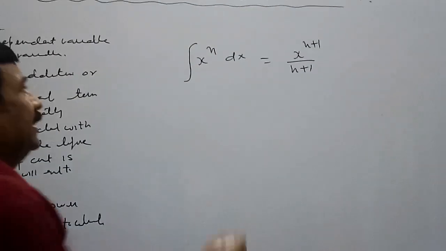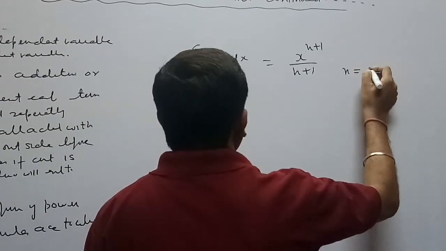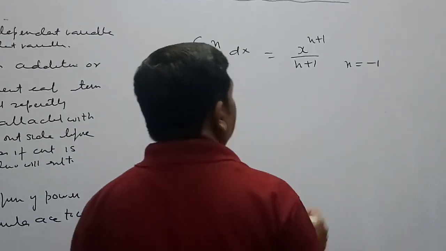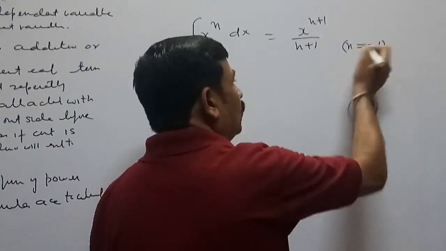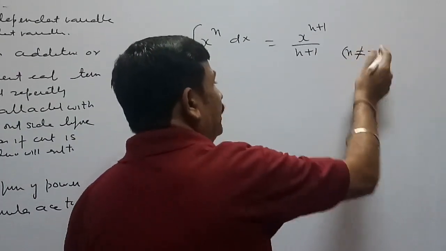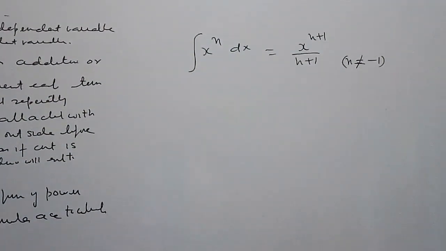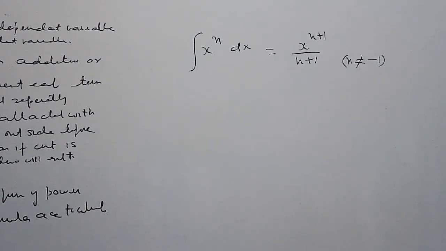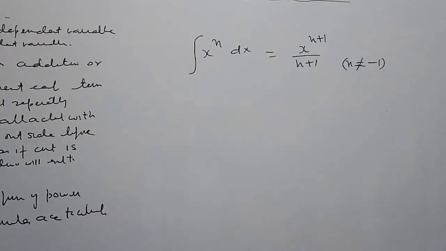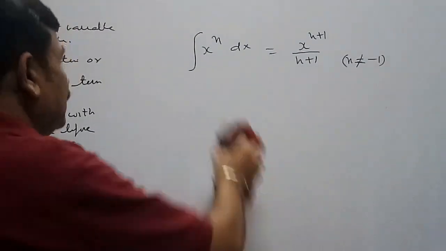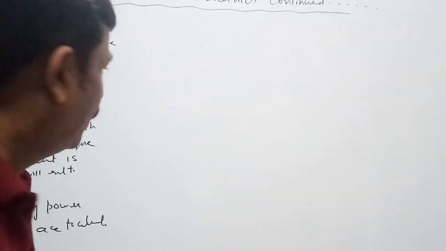But this formula is applicable only when n is not equal to minus 1. If n is equal to minus 1, it is not applicable. Now, how we do integration using these rules, we are discussing with the help of an example. Then we will go on to a few more rules.